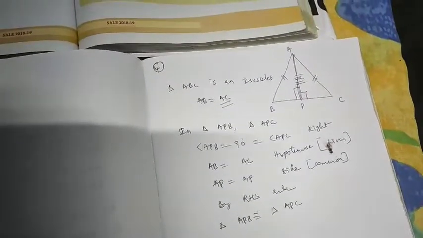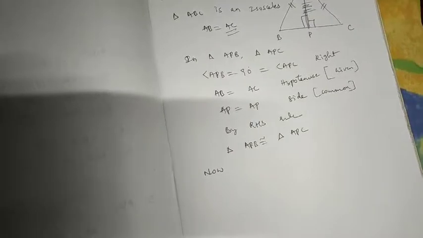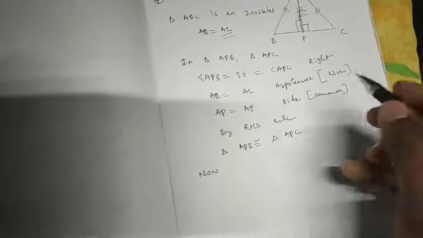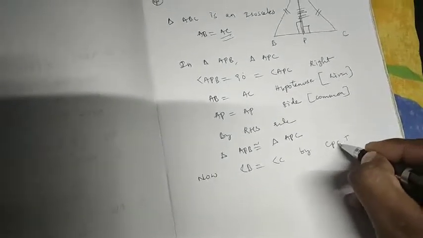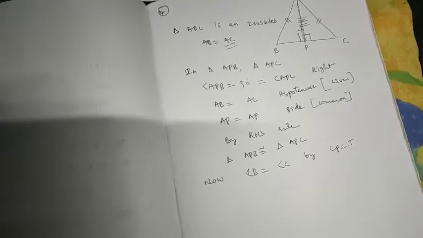Now I'll write angle B is equal to angle C by CPCT rule, corresponding parts of congruent triangles.